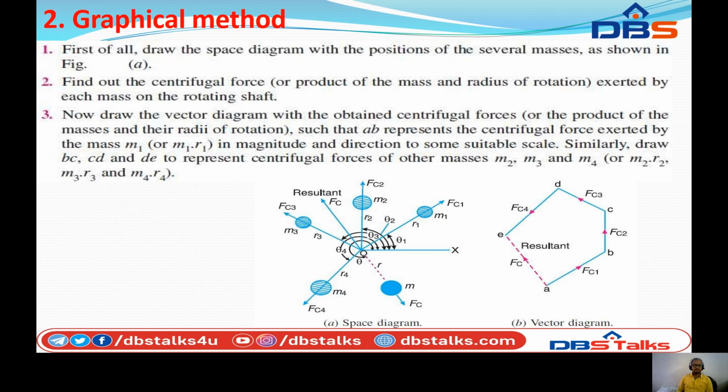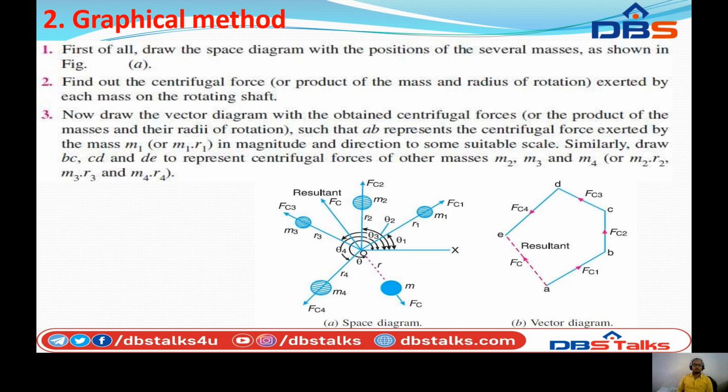Now draw the vector diagram with all the centrifugal forces, such that in the diagram, ab represents the centrifugal force exerted by the mass m1, in magnitude and direction, with some suitable scale.